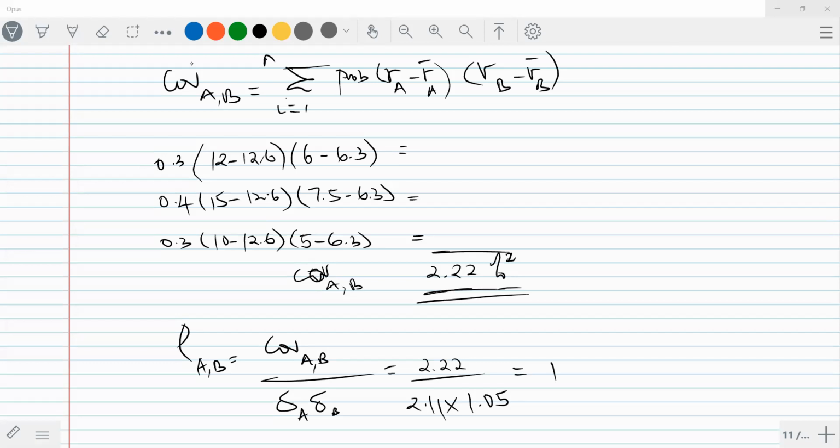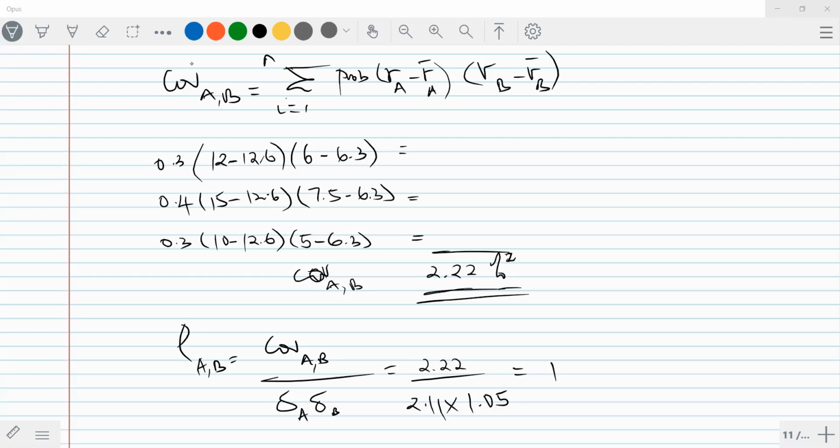Now, what does 1 imply? The main purpose of the coefficient of correlation is to assess how the returns of A and B behave towards each other, and to what extent the return of A influences the return of B, and vice versa.